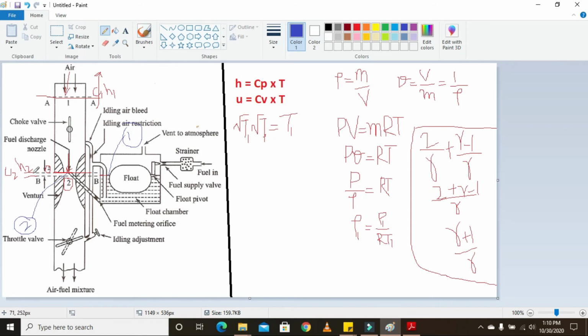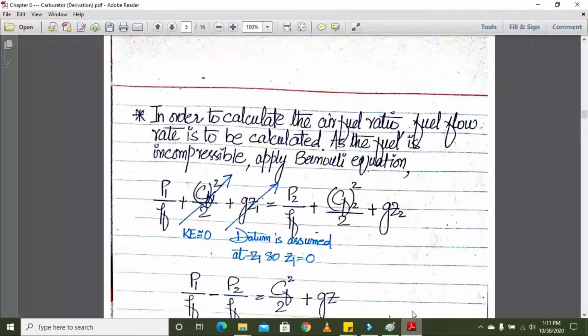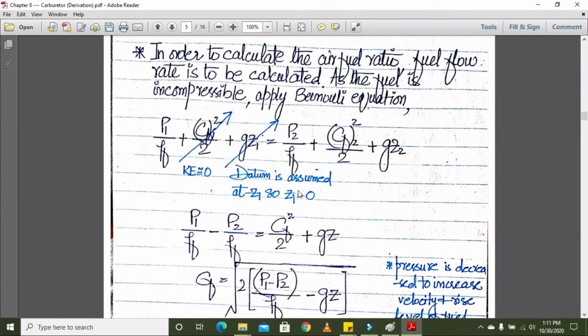And there is the elevation difference, which I mentioned in the beginning of this derivation. We are simply representing it as Z, because we have considered the datum at this point. So there is no Z1, because Z1 exists at this datum point. This section is a little above the datum, so there will be a difference at state 2, but state 1 exists at the datum, so Z1 will be 0 and Z2 will simply be written as Z.